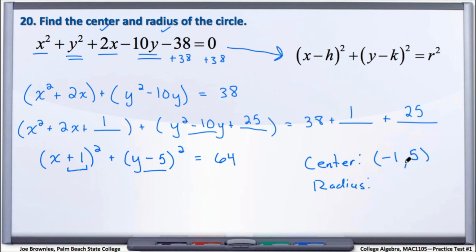And so that's our center, negative 1 comma 5. And to find the radius, all we have to do is take the square root of the constant here on the right. Well, the square root of 64 is 8. And so there we have it. We've identified the center, negative 1, 5, and we've identified the radius as 8.